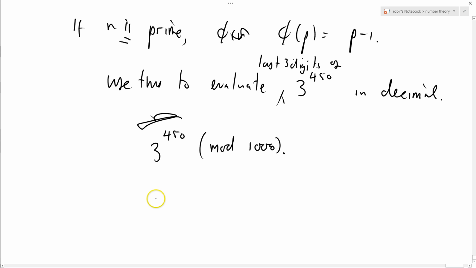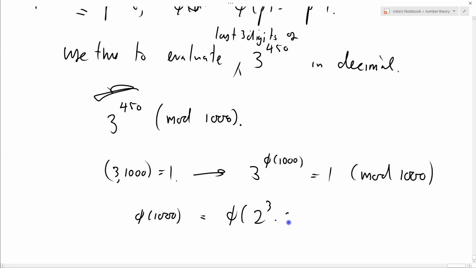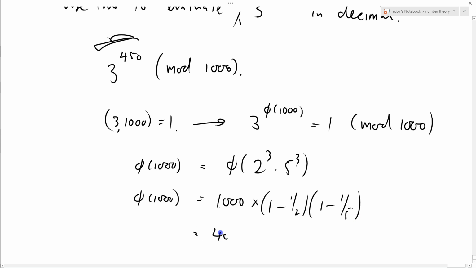Euler's theorem says that because 3 and 1000 are relatively prime, 3 to the power phi of 1000 equals 1 modulo 1000. What's phi of 1000? The factorisation is 2 cubed times 5 cubed. So phi of 1000 equals 1000 times (1 minus 1 half) times (1 minus 1 fifth) equals 400.